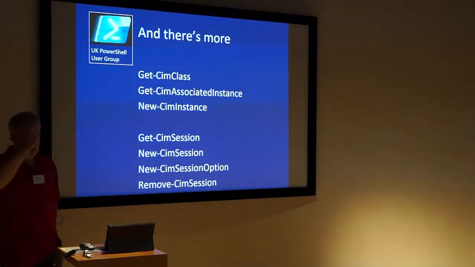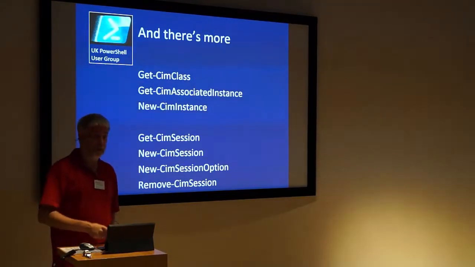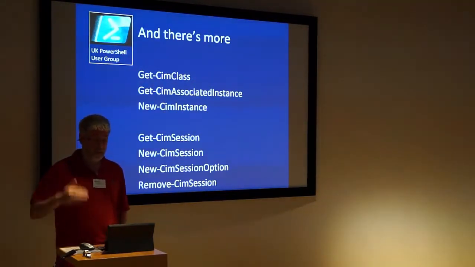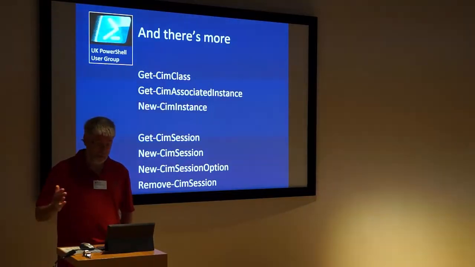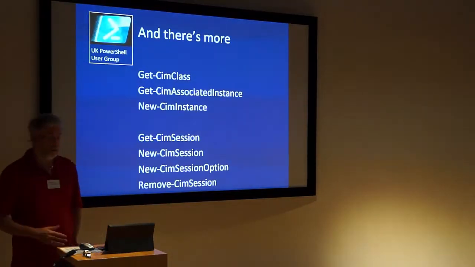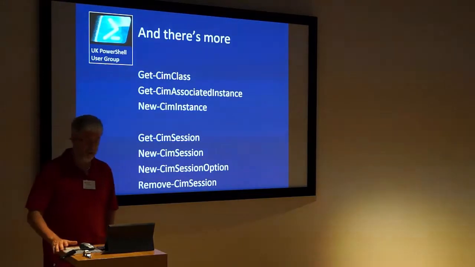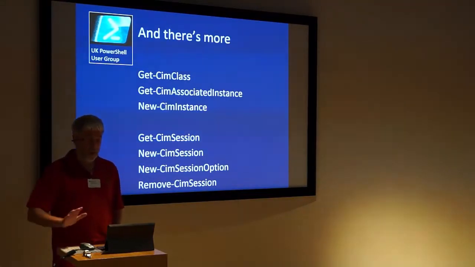With WMI, we were using DCOM. So the WMI cmdlets are using DCOM to talk to remote machines. Now DCOM is one of the most unfriendly protocols known to man, and if there's a firewall in the way or anything else that stops it, your remote connectivity dies and you can't do anything with the box.